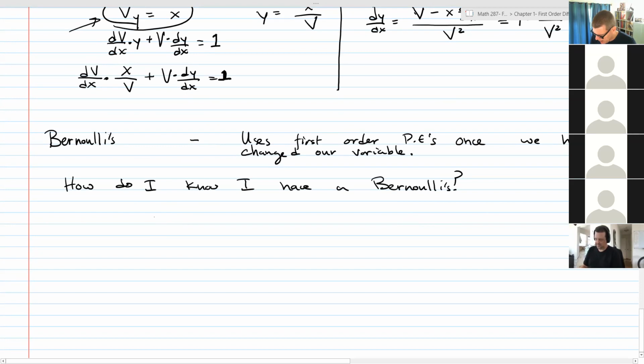We'll have something like A1 of x times y prime plus A2 of x times y equals some f of x times y to the nth power, where this is actually a power. This is not a derivative, it's a power.